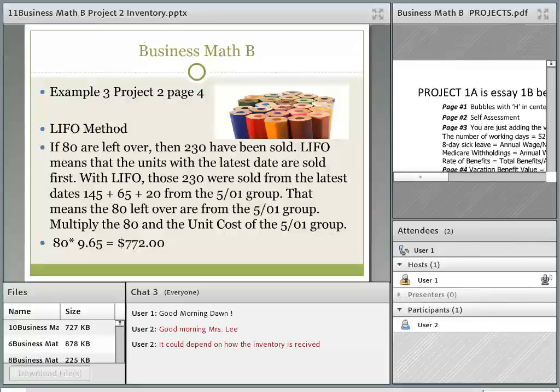Depending on the inventory cost and how it's received, if that changes. Usually businesses change their inventory methods depending on taxes. Some businesses like to pay taxes in a different form, either up front. So whichever one saves them the most money, or works best for them tax-wise, is what they're going to use.